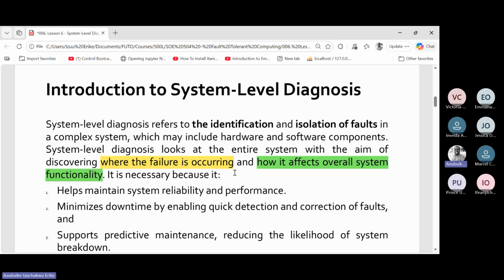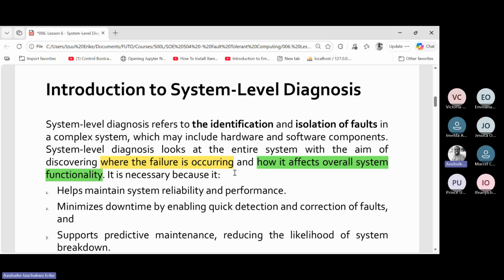Notice that I'm mentioning two things. Where the thing is coming from, that's where the failure is occurring, and how it affects the overall system performance. In other words, what is it that brought it about and what is the output of this? Now we're able to understand what outputs a certain misbehavior can bring.